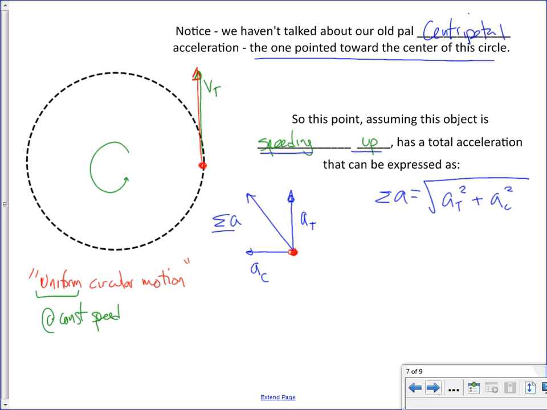Now, this AC: remember, how do we find centripetal acceleration? Well, we now have an expression for tangential velocity, R omega. It's VT squared, so that thing squared, which is R squared omega squared, over R. So that means here's a new expression for centripetal acceleration: R omega squared.